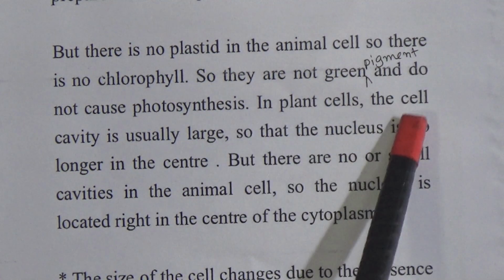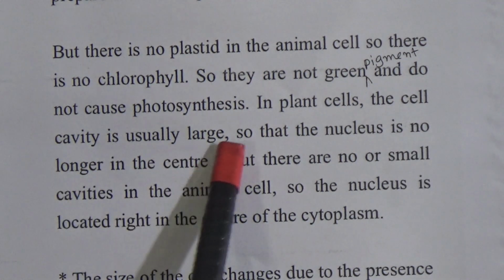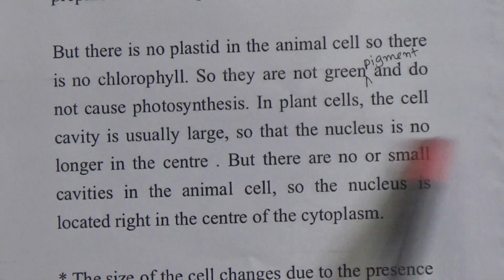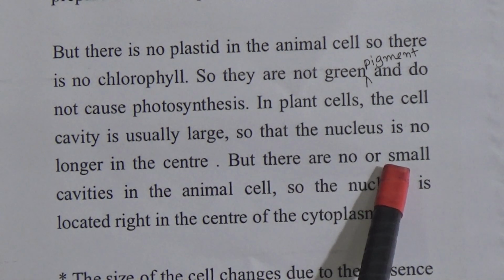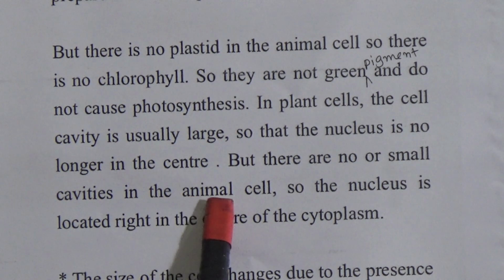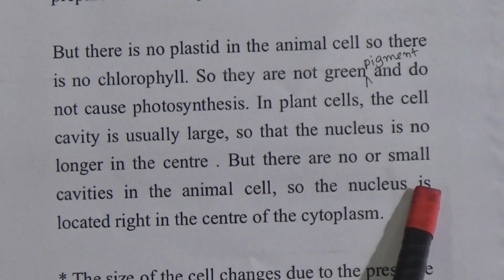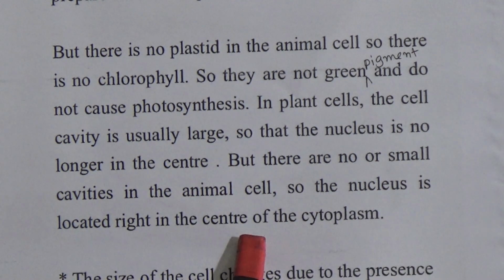In a plant cell, the cell cavity is usually large, so the nucleus is no longer in the center, but there are no cavities or only small cavities in animal cells. So the nucleus is located right in the center of the cytoplasm.